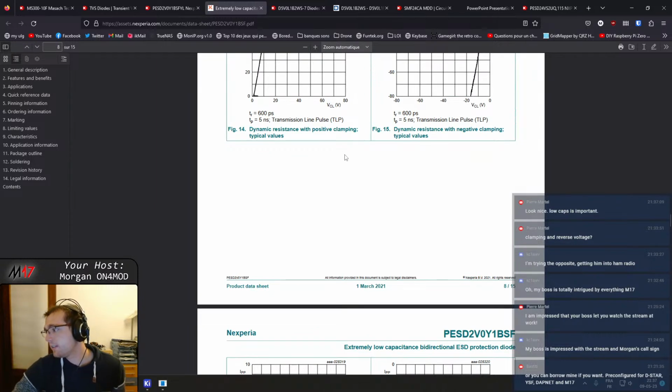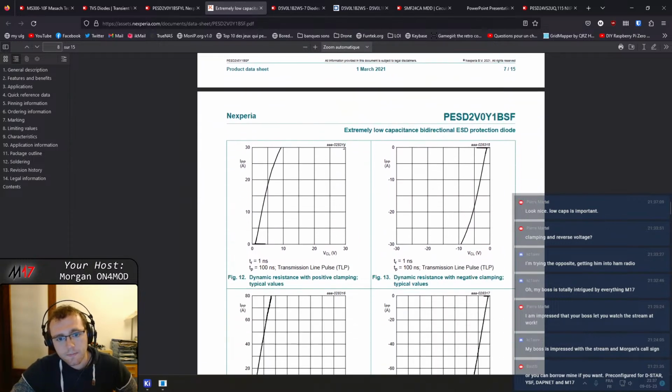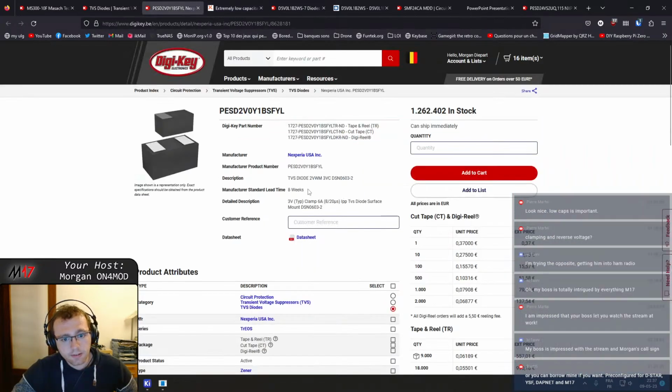Yeah, low capacitance is important, of course, otherwise we are gonna degrade the impedance of our line. But indeed, this looks nice.